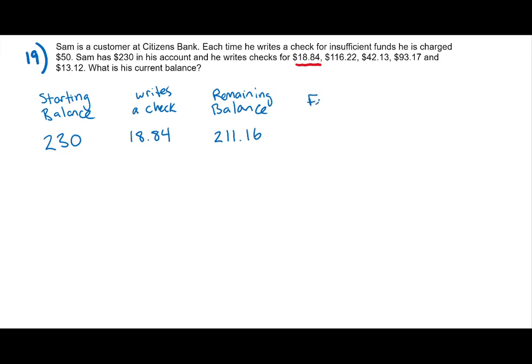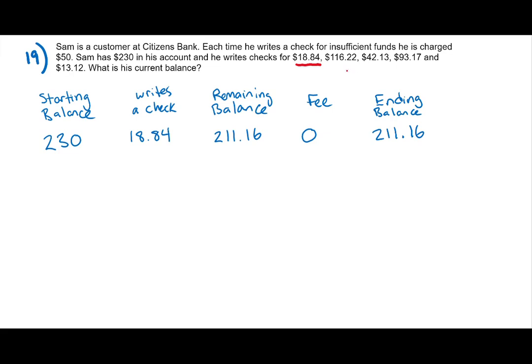And now there may or may not be a fee. In this case, there is no fee because there are sufficient funds in the account. And so his ending balance, because there was no fee, is going to be the $211.16.